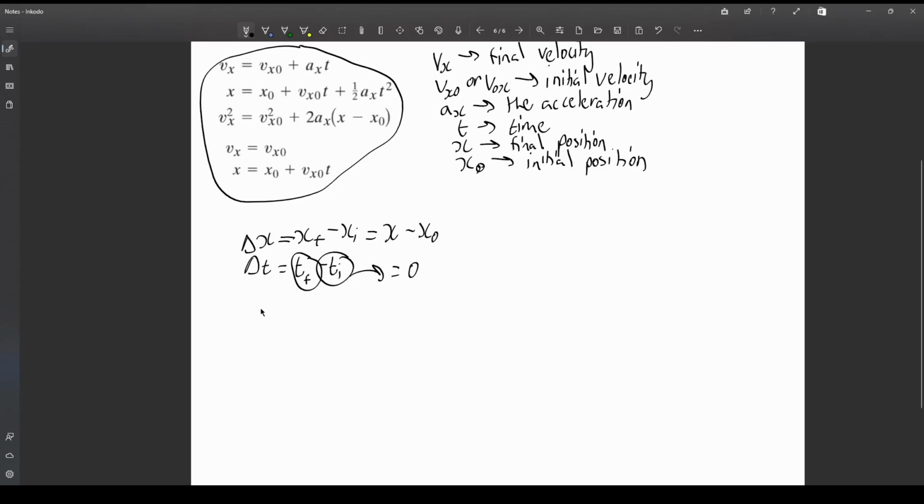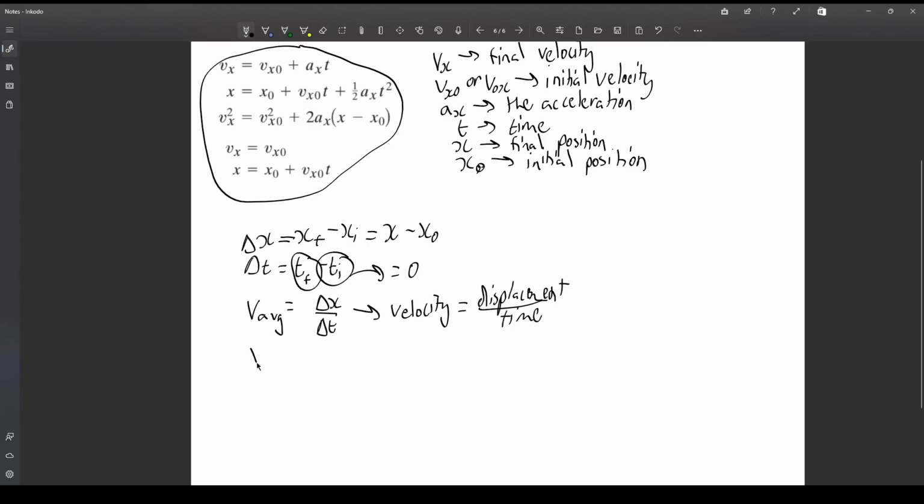Some other equations that are good to know is v average is equal to delta x over delta t. And this is just your basic velocity is equal to displacement over time.